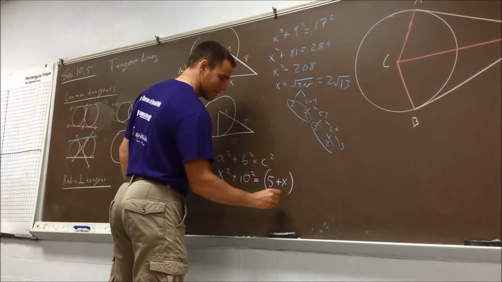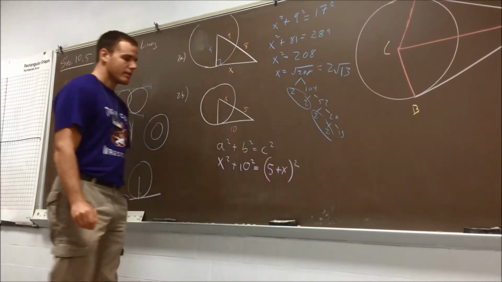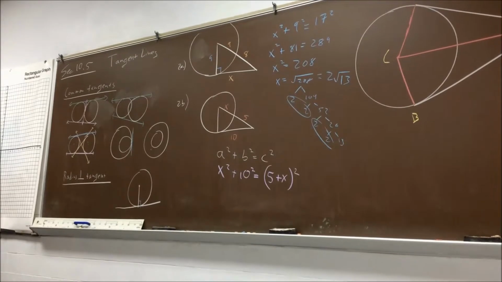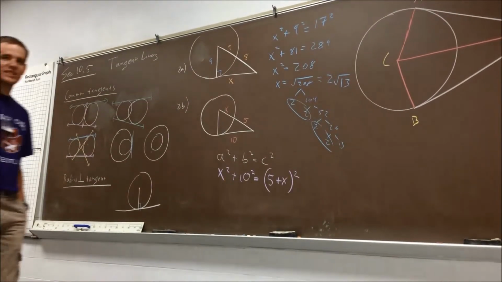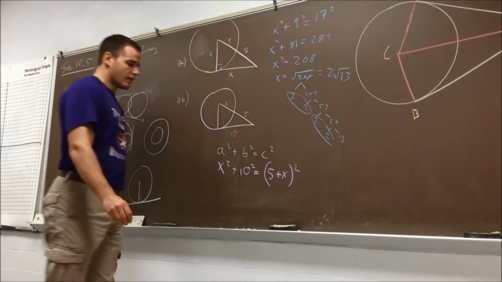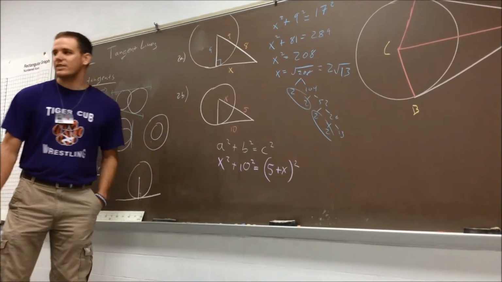That puts c squared. Your algebra teacher would be ashamed of you. 5 plus x is 5x? My goodness. All right, so that's 5 plus x squared.